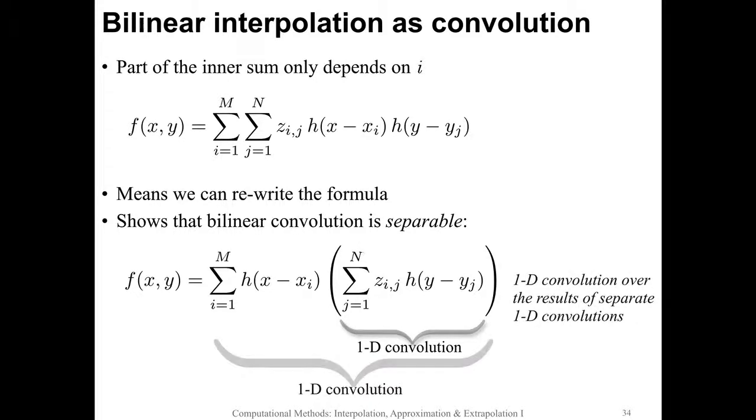And the overall expression is actually also a 1D convolution, because this is just a shifted version of the kernel, but now it's being scaled by everything inside this round bracket here. So the whole thing of bilinear convolution can be represented as a 1D convolution over the results of separate 1D convolutions.